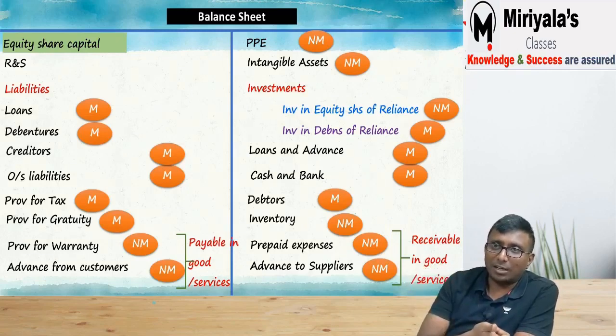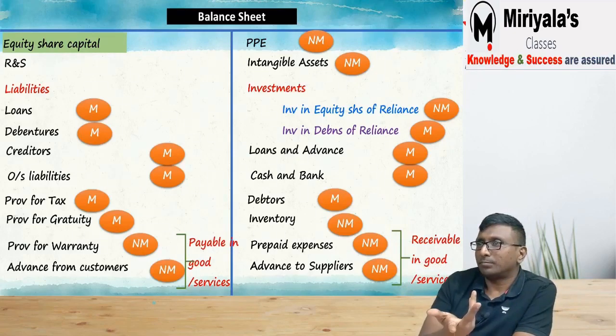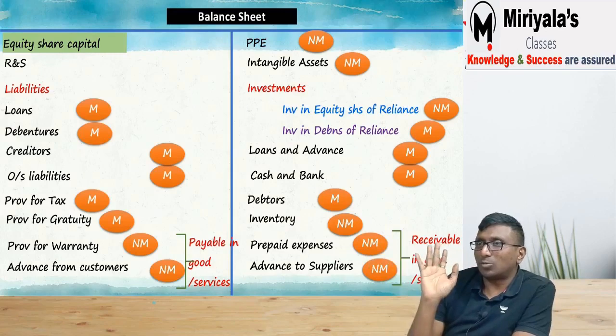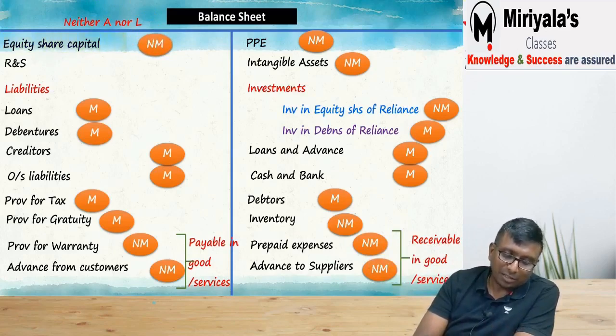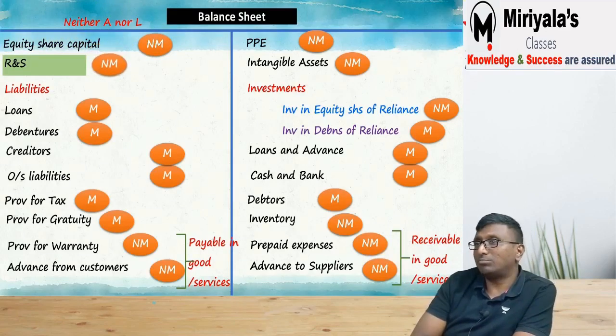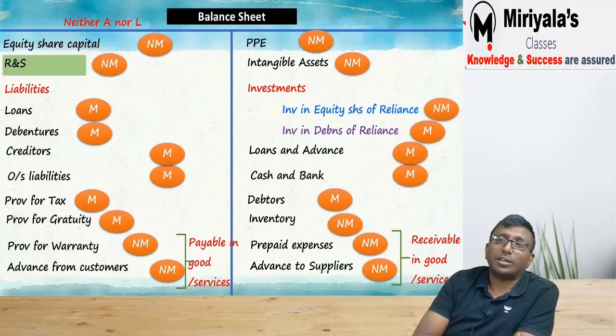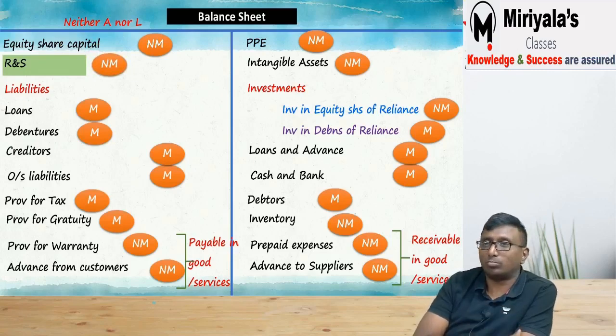Is it an asset? No. Is it a liability? No. It is equity. This is neither asset nor liability. Obviously, non-monetary. Reserves and surplus are also neither asset nor liability. Non-monetary. Have you understood? Yes, each item you are supposed to decide.